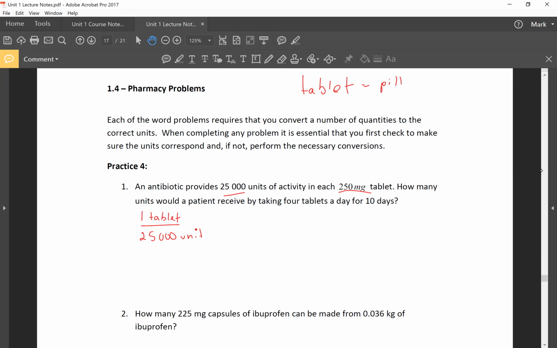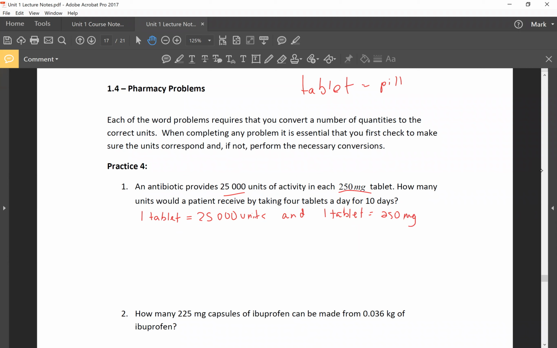This is how I would typically write it. And this means we can turn this into a fraction to do this question. I also know that one tablet is equivalent to 250 milligrams.